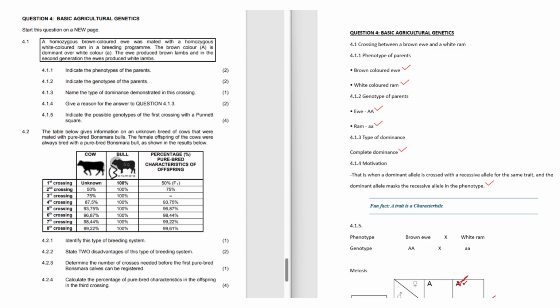Then let's see. Now that we have our letters, the genotype of the ewe is going to be the homozygous dominant, which is two capital letter A's, or we can say two dominant alleles.